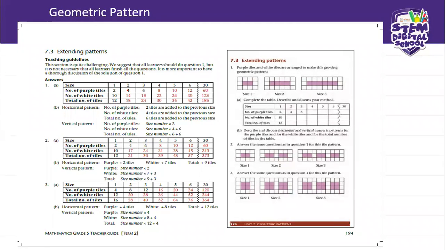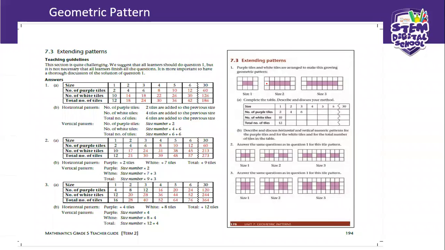Size 2, you've got 4 purple blocks: 1, 2, 3, 4. And the difference between the first size and the second size is 2 blocks. That's the pattern. Then you count. How many white blocks do we have? 1, 2, 3, 4, 5, 6, 7, 8, 9, 10, 11, 12, 13, 14.